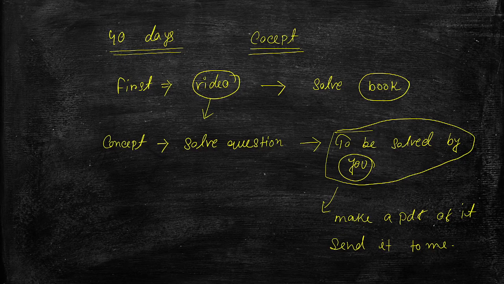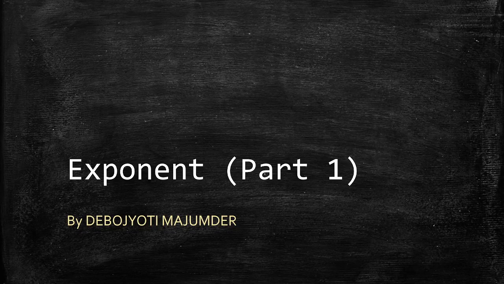We'll start from the first chapter from your syllabus, and it's exponents, right? So you might see something written as x to the power 5, or you might see something written as 2 by 3 whole to the power 9.